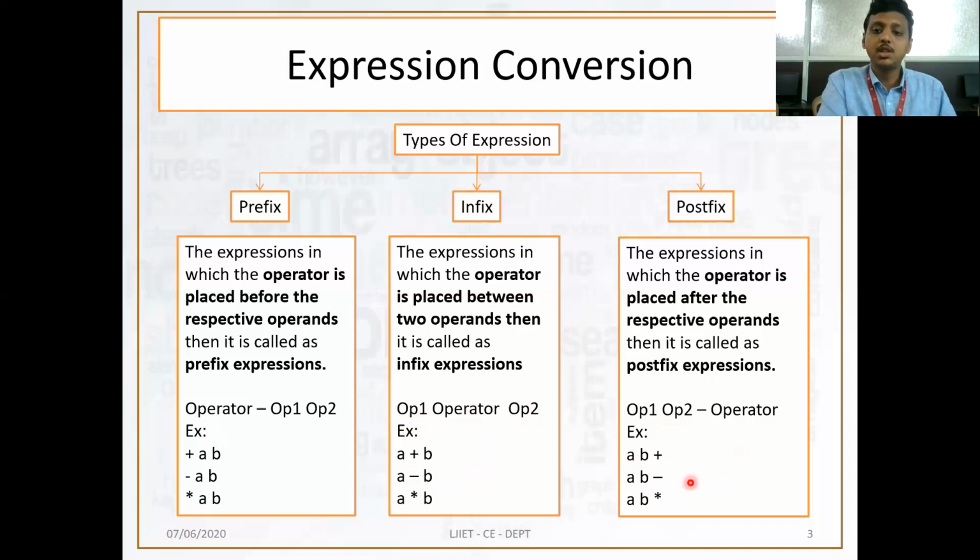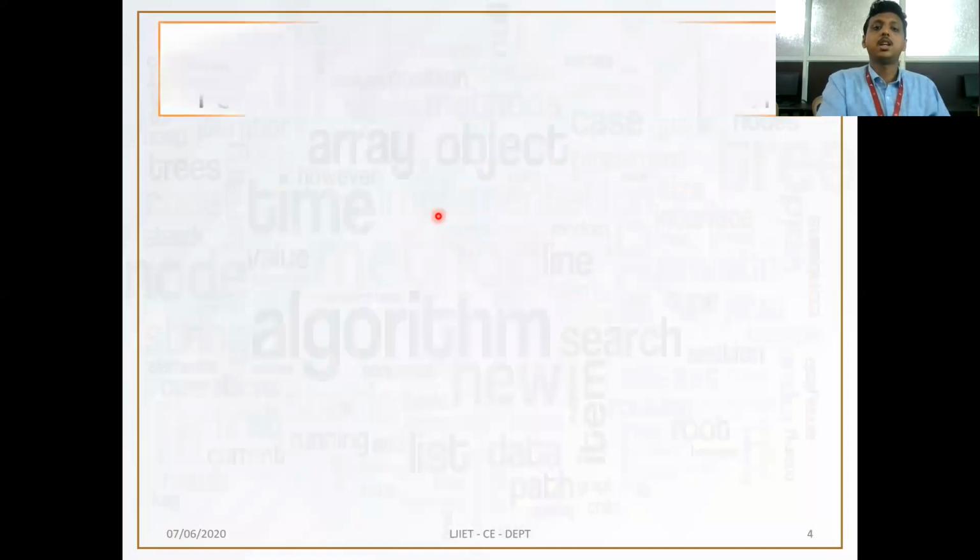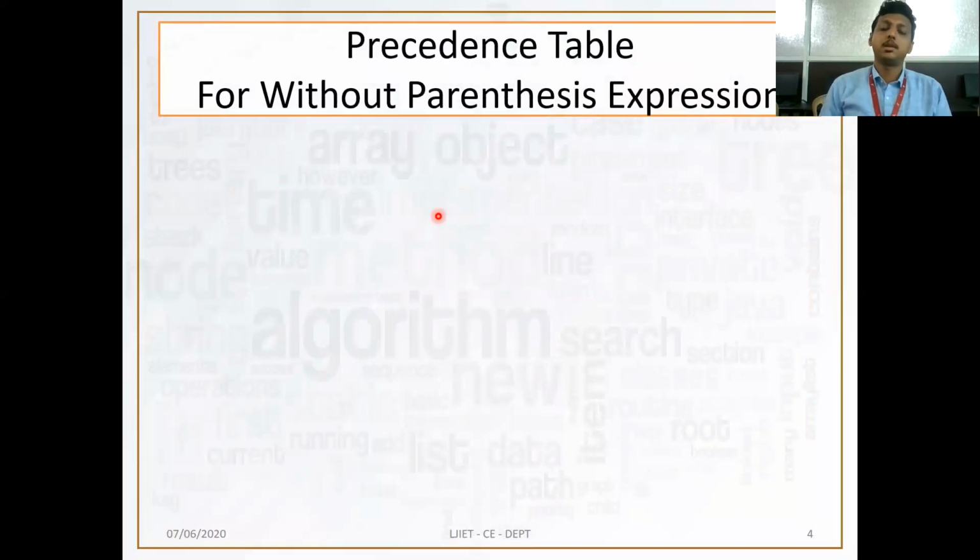These three expressions are known as postfix expressions, like OP1, OP2, and operator. According to the definition, if the operator is placed before the respective operands, it is known as prefix; after the operands, postfix; and in between two operands, infix. Now let's begin with the precedence table.